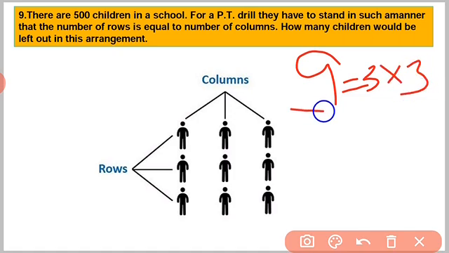This represents total number of students, and this represents number of rows, and this represents number of columns. That means to find the total number of students, we can multiply number of rows and number of columns. If number of rows and columns are unknown and we take it as x, then what will be the total number of students? It will be equal to x squared.